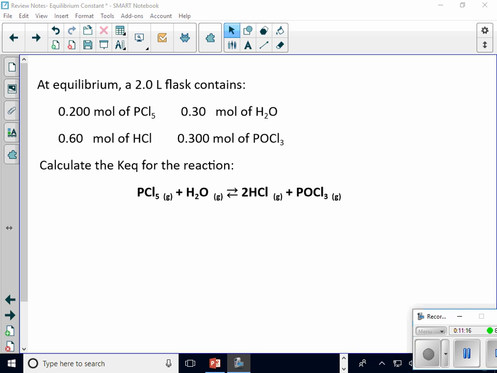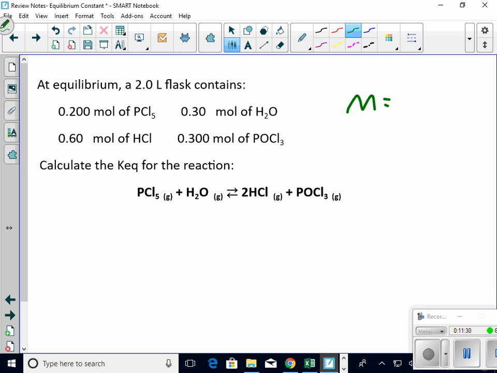On this particular question, you are given the amount of moles per 2 liters. So in order to get my molarity, if you remember, our molarity is our number of moles of the solute divided by the liters of the solution.